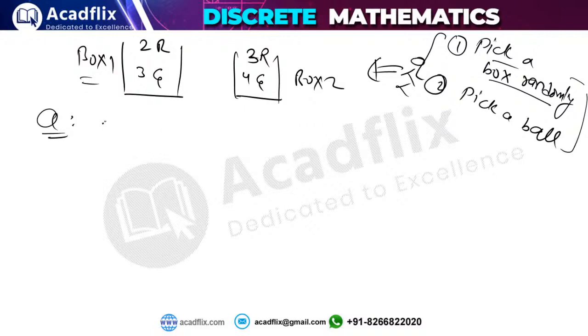Now my question is, after this experiment you get a ball and you come out of the room and you play your cricket or tennis, whatever you want to play. Anyway, I am asking what is the probability that you will get a red ball.